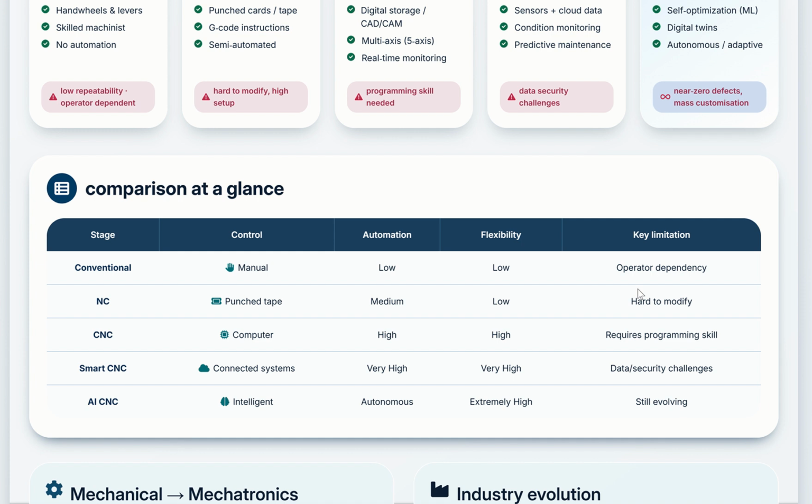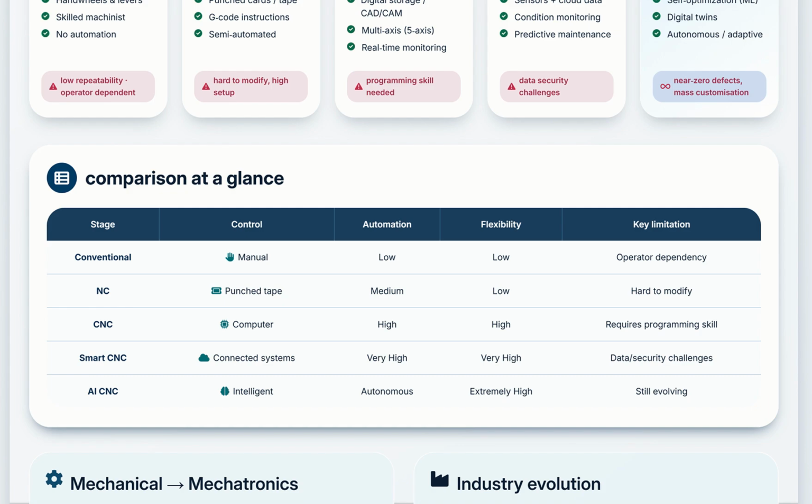Meaning the operator had to be so skilled that they could reduce errors. When we came to the stage of NC, numerical control, the control used punch tape, and the automation was medium, that's semi-automated. There was low flexibility also, and the key limitation was that it was hard to modify.